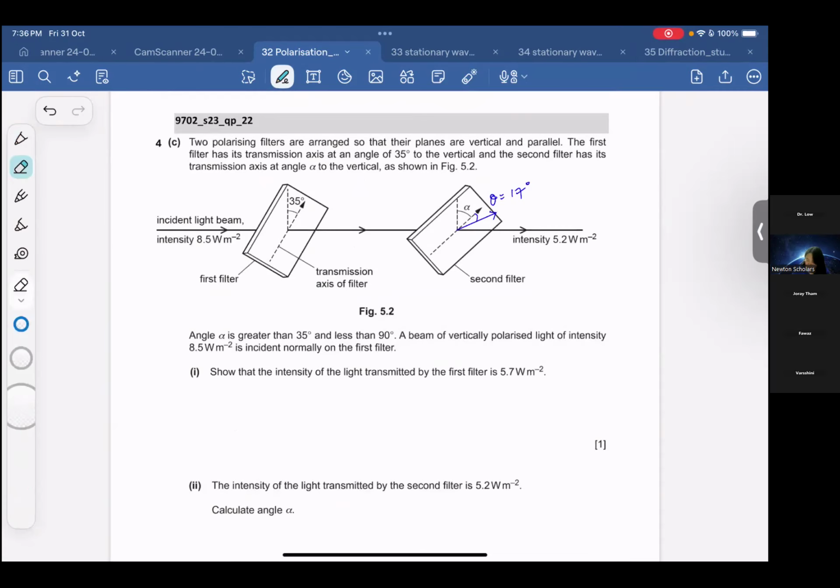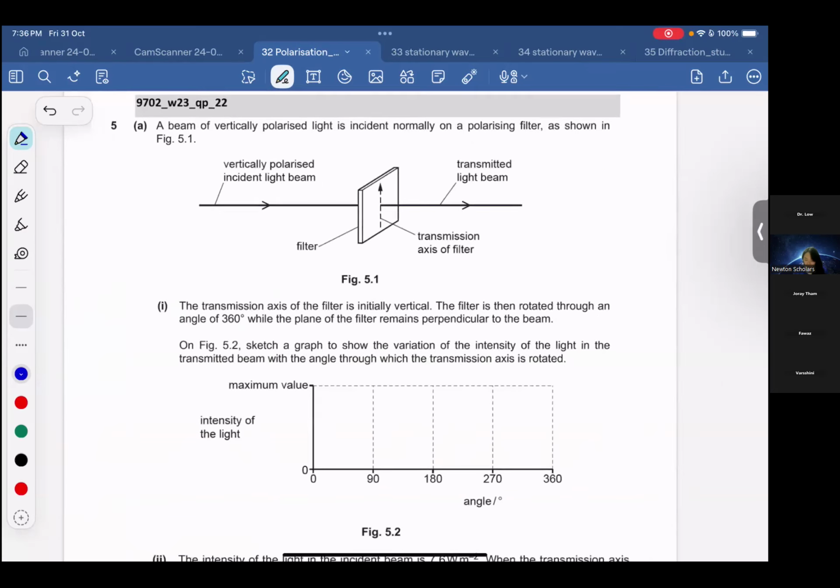Compared to the first one just now, here is 35. So you are extra here, an extra turn of 17 degrees. So your alpha is actually added up, 35 plus 17. This one you can refer to my working set. I already printed it out, I already print-screened and showed it in the WhatsApp.